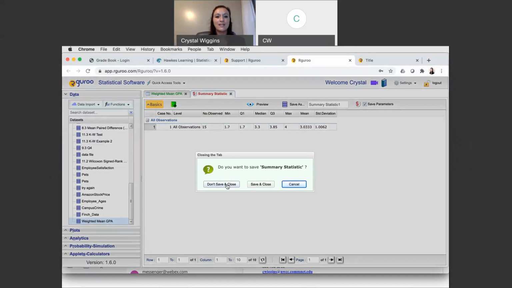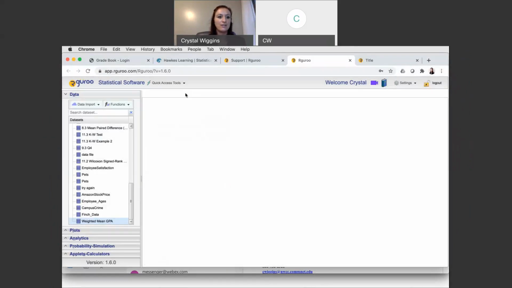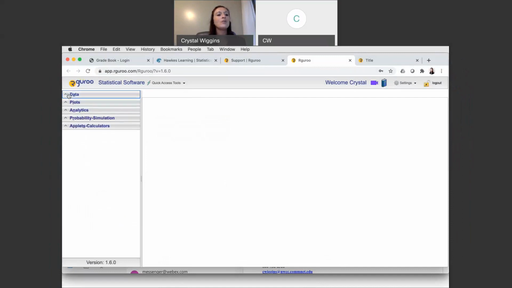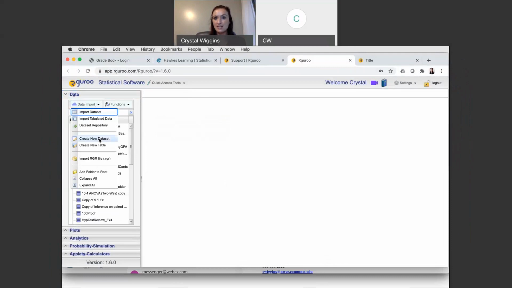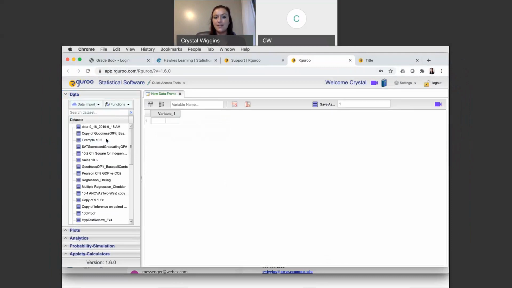This is what we were working on in the measures of location lecture. So we sign in, go to data, then you're going to want to import data, create a new data set. Now, the variable, I forgot what the variable was even in the thing.